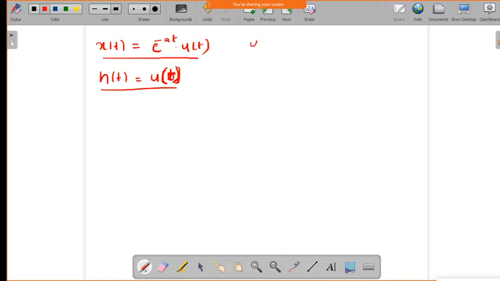Now you need to find the convolution integral of these two signals. So what is the expression? We know that y of t is equal to x of t convolved with h of t. If you plot x of t, you will get it like this.